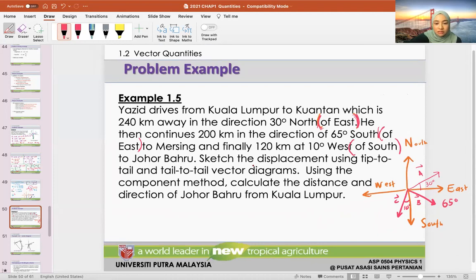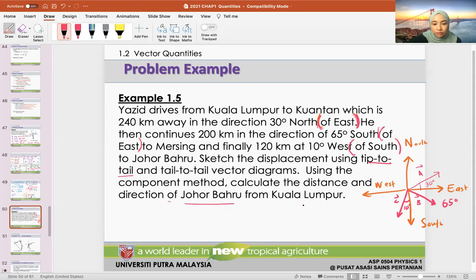Now it's asking to sketch the displacement using tip to tail and tail to tail vector diagrams. So there are two methods we have to try. Then, using the component method, a third method, calculate the distance and direction of Johor Bahru from Kuala Lumpur.